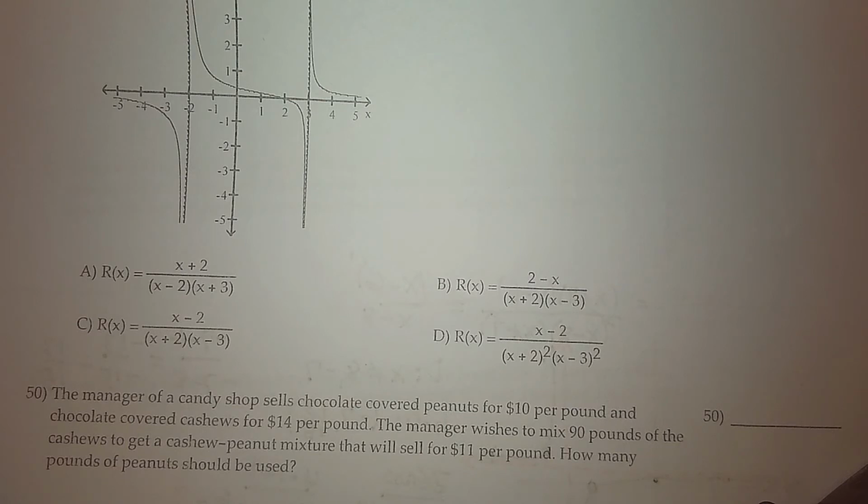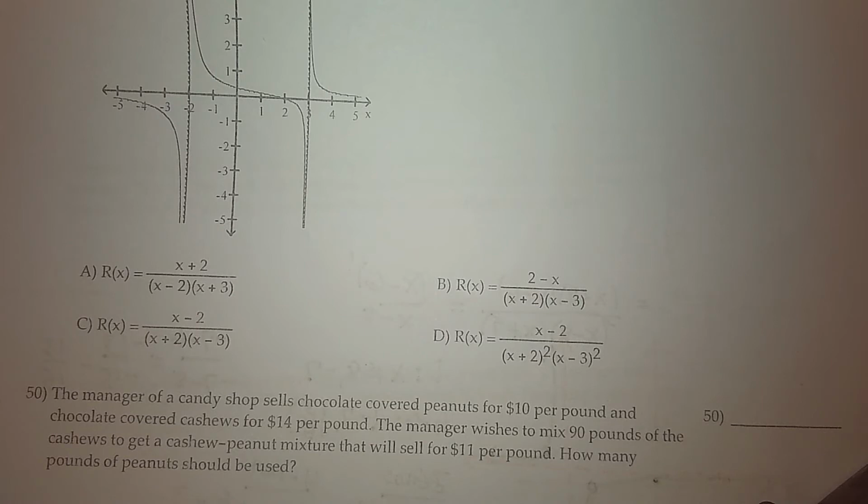Now, when the vertical asymptote has an even multiplicity, that means on both sides would go down or on both sides would go up. They wouldn't split what direction they go. So on these, do you notice one goes down and one goes up on both sides of the asymptote? D is wrong because it is an odd multiplicity here, where one goes up and one goes down.